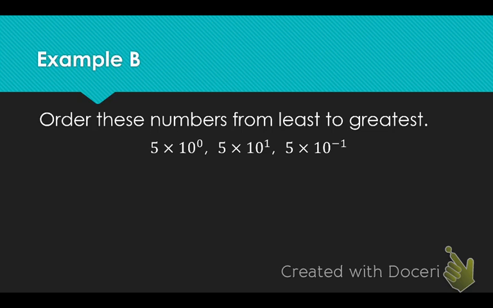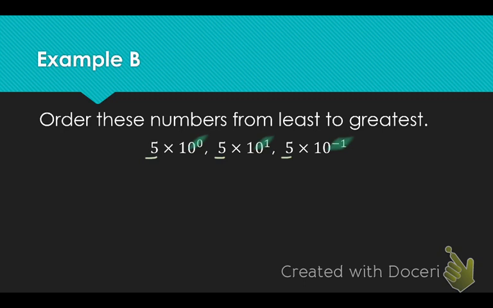Example B, we want to order these numbers from least to greatest. You can do this one of two ways. Since these all have the same number, 5, 5, and 5, we can just focus on the exponents 0, 1, and negative 1 and put those in order from least to greatest.